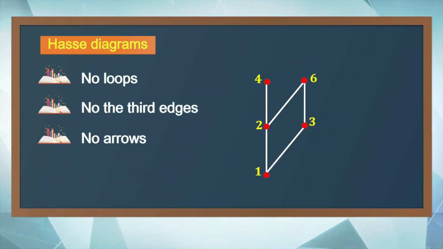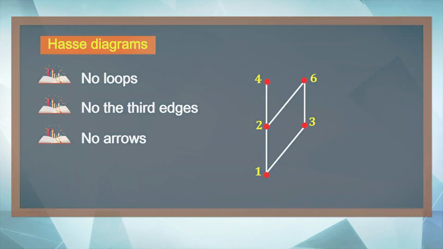These steps are well defined, and only a finite number of steps need to be carried out for a finite poset. When all the steps have been taken, the resulting diagram contains sufficient information to find the partial order, and it is called the Hasse diagram of the poset, named after the mathematician Helmut Hasse, who made extensive use of them.